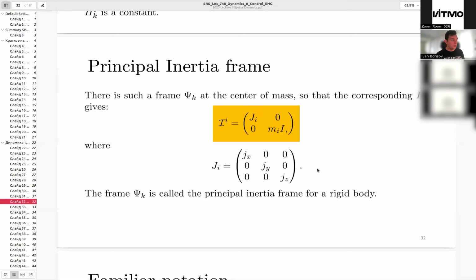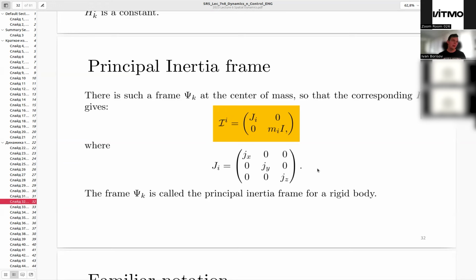For example, when you do CAD modeling, the CAD software computes this inertia frame for you. When you have created your robot using CAD software, you then need to represent the robot using a universal description format for robots, which is called a URDF file. The software does it for you.